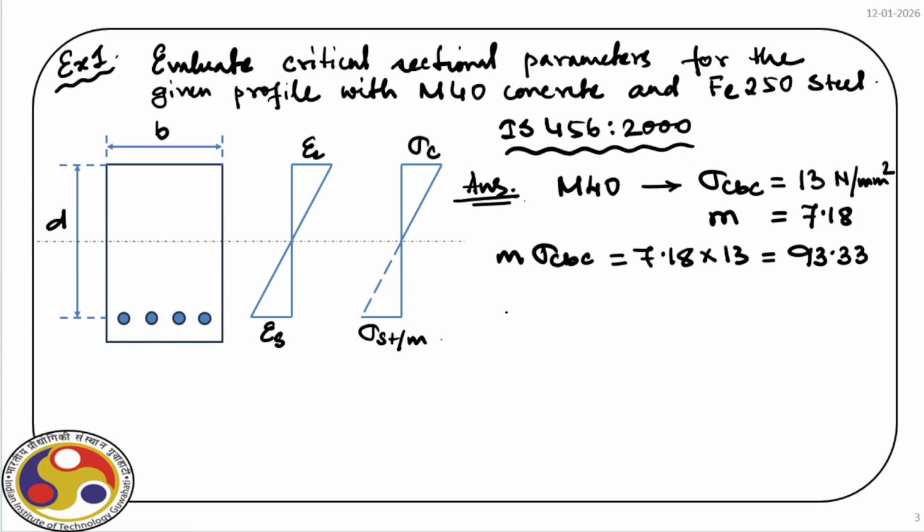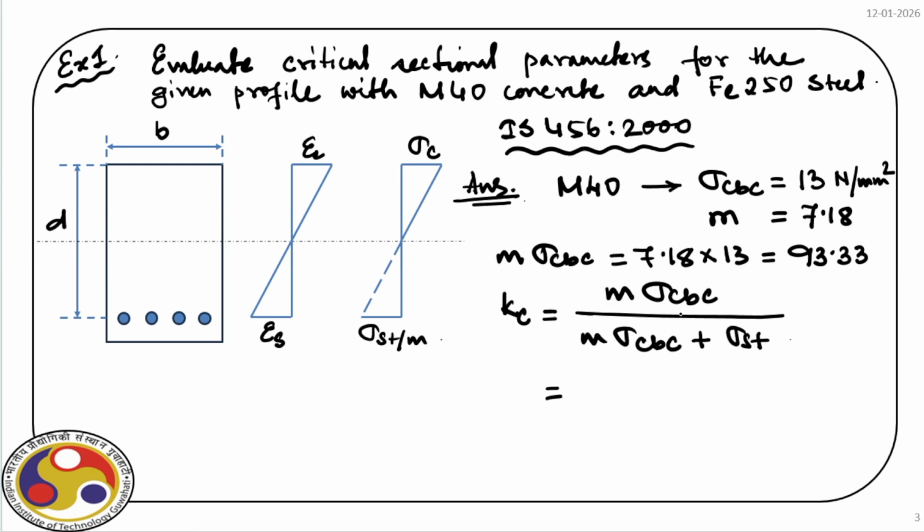And what was the expression for K or Kc here? Because this is a critical section, we derived the expression. It is m sigma CBC divided by m sigma CBC plus sigma ST. So m sigma CBC is 93.33 divided by 93.33 plus sigma ST. We use Fe 250 steel, and for this sigma ST is 140 Newton per millimeter square.